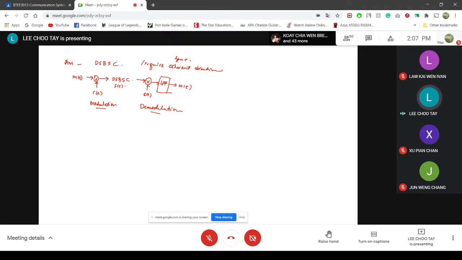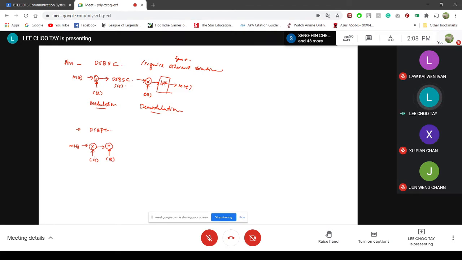So we improve the situation a bit by introducing the double sideband full carrier. In double sideband full carrier, after multiplying with the carrier, we add our carrier to the signal.